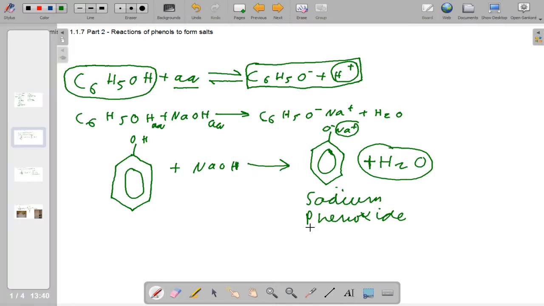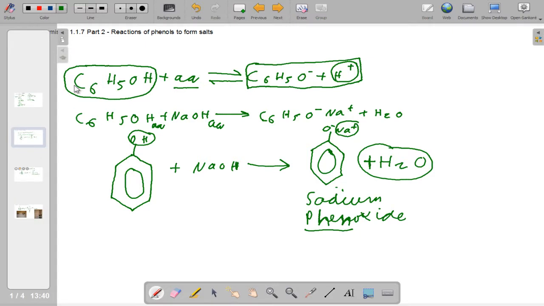And it's also got the pheno prefix because it used to have an OH group there, but instead of an H, it has an Na+ now, and it's an ionic attraction between the oxygen and the sodium.